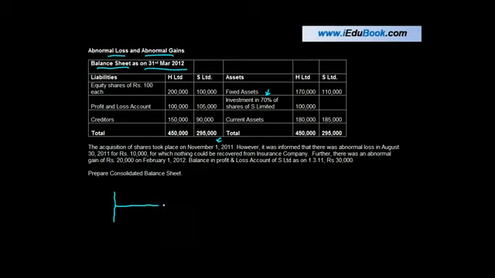So let's do the most important part first. Let's see the chain of events that happened. The acquisition happened on November 1, 2011. As I told you, I'll just mark this date as red. Right? However, it was informed that there was an abnormal loss on August 30, 2011.